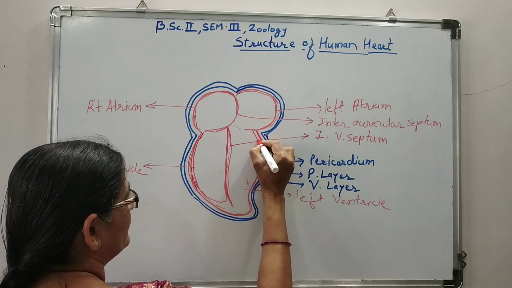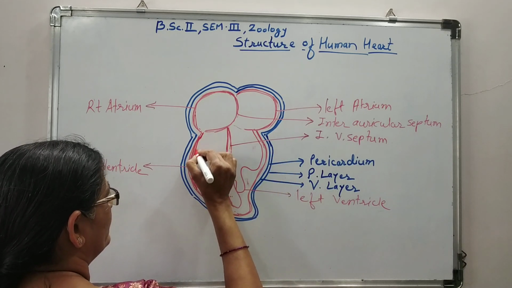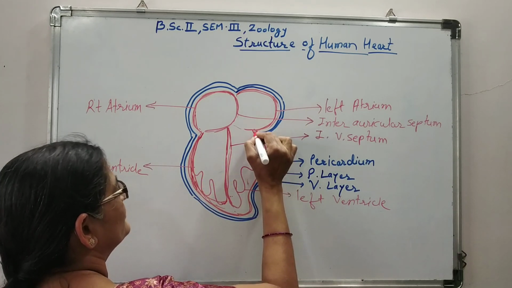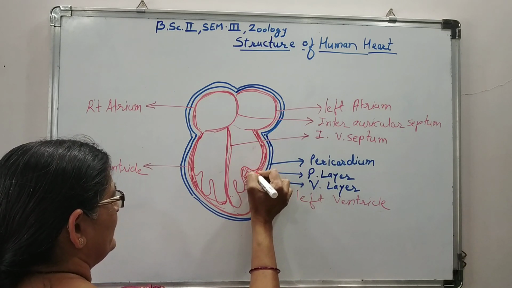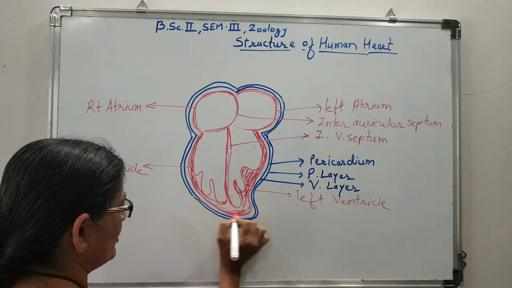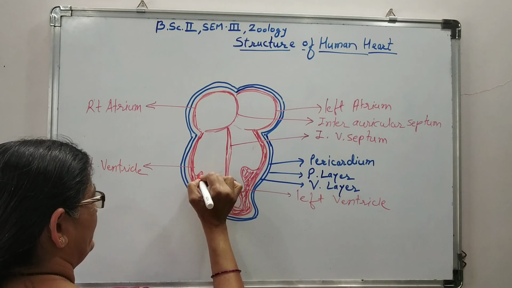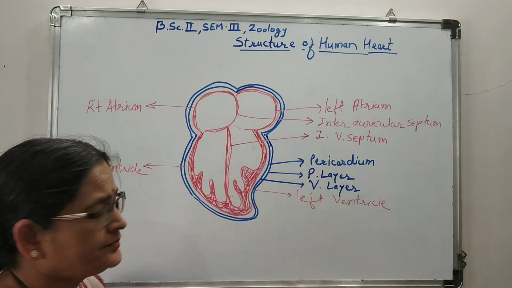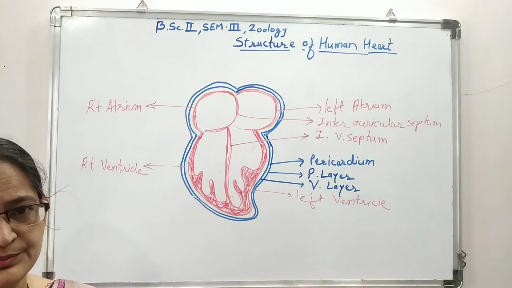On the inner side, it is highly folded. Here we can observe the folds of the ventricular wall on the inner side. The wall of the ventricle is thicker than that of the wall of the auricle.